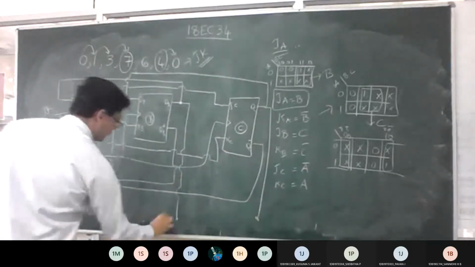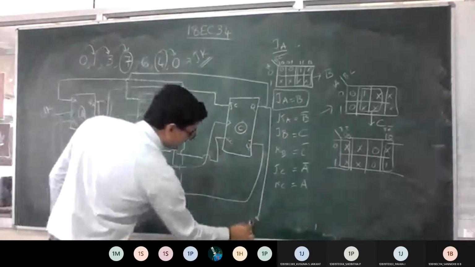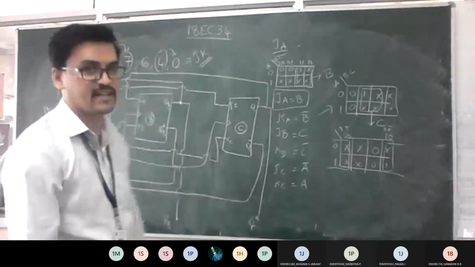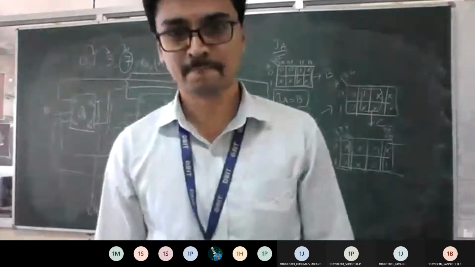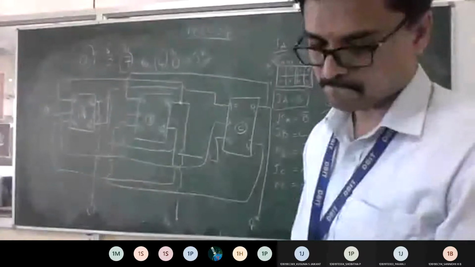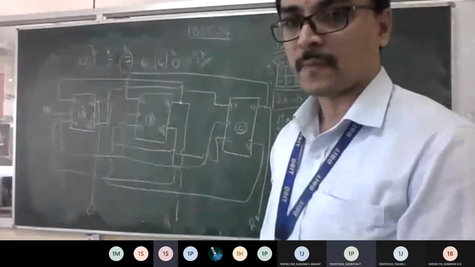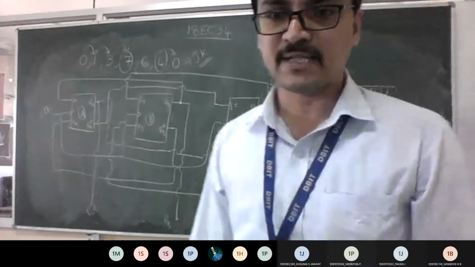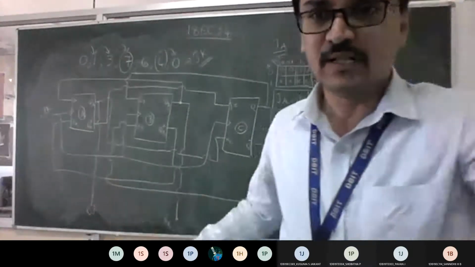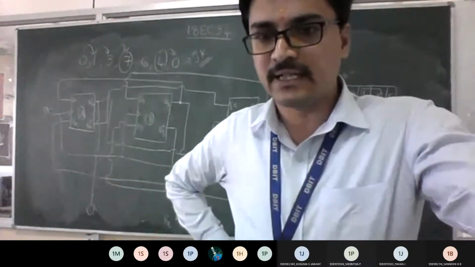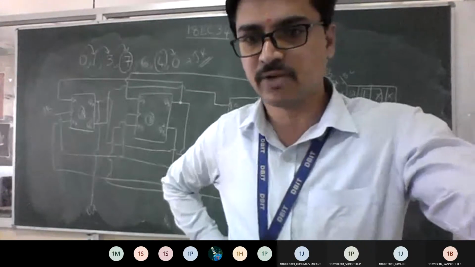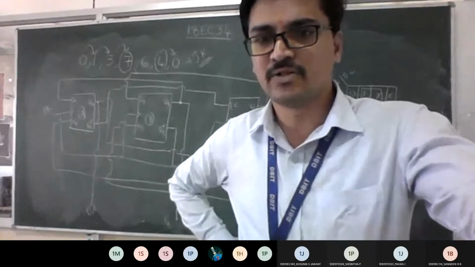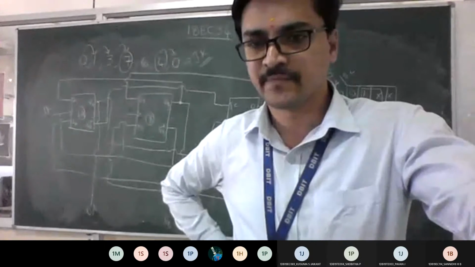So your QA, QB and QC. So in this, which is the MSB and which is the LSB? QC is MSB, sir. So for QA, you write that and write in the bracket LSB and MSB. So that concludes the designing of a synchronous counter for the given sequence. So this is for the 10 marks question.